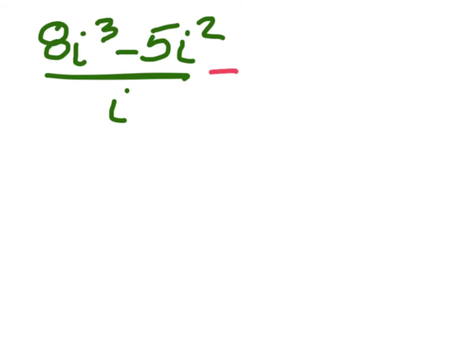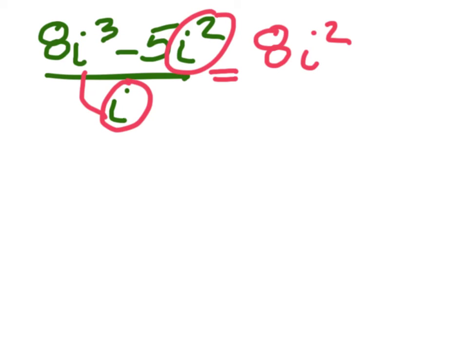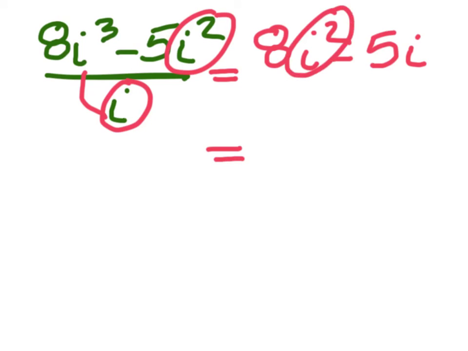If that's the case, then i to the third over i: if I divide i to the third by i, I get i to the second. And if I divide i to the second by i, I get just i. I subtract the exponents. 3 minus 1 is 2. 2 minus 1 is 1. And then from there, i squared is a negative 1, so I have a negative 8 minus 5i.